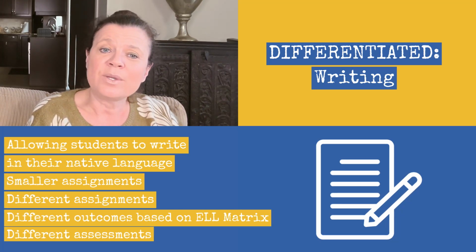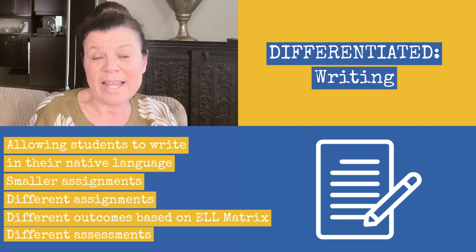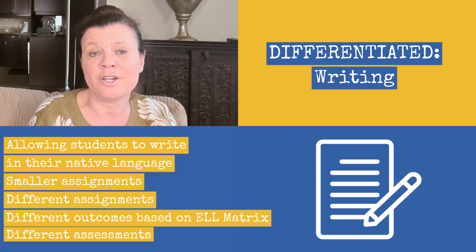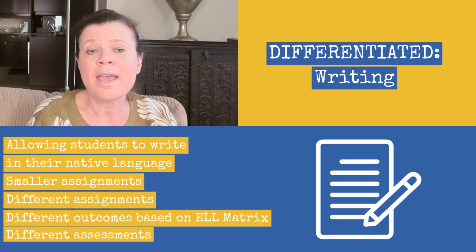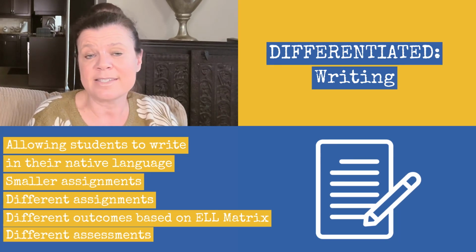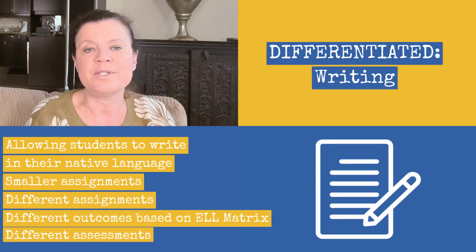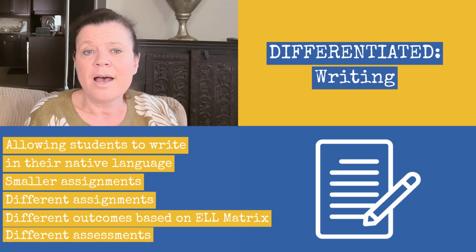And so ways you can differentiate for your beginner ELL students would be to allow them to write in their native tongue or mother tongue. And you can take an app like Google Translate, snap a photo of their work, and see if they understood what was being talked about.